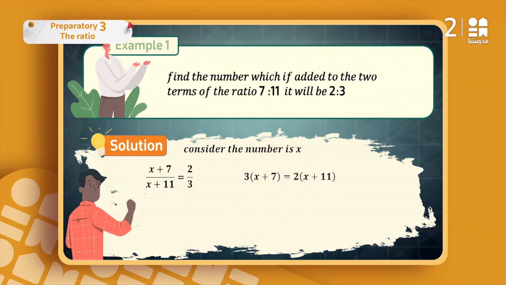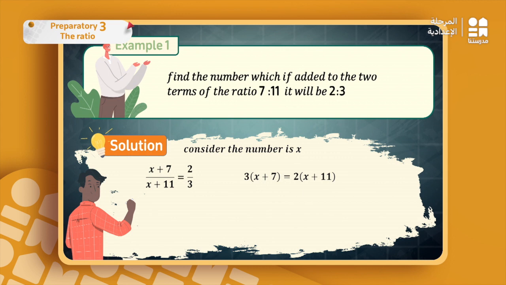ودرسنا برضو في جريد 6 إن إحنا نقدر نعمل cross product، يعني نقدر نقول 3 times x plus 7 is equal to 2 times x plus 11.